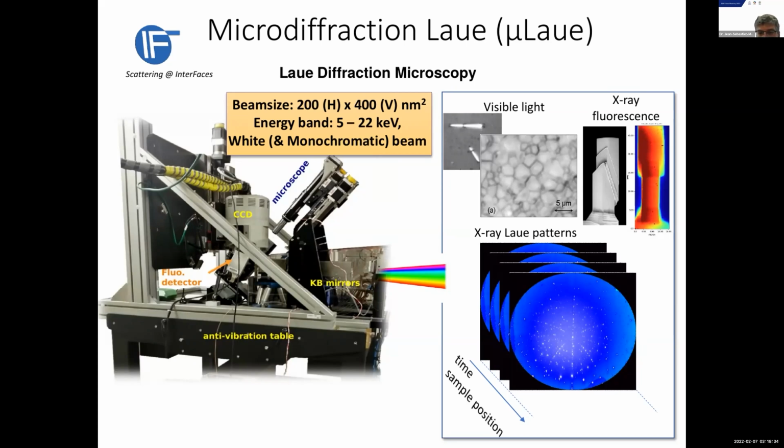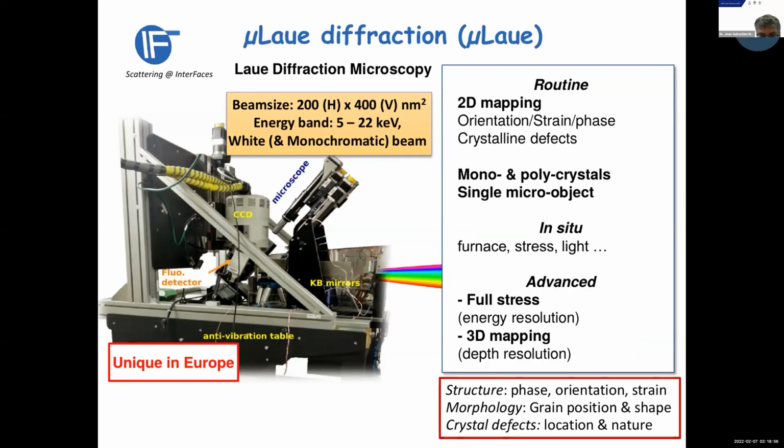And as I said, the energy band of this beamline and also of the three major beamlines in the world is from 5 keV, due to the beryllium windows, up to 22 or 25 keV, depending on the beamline. So that's good for that.